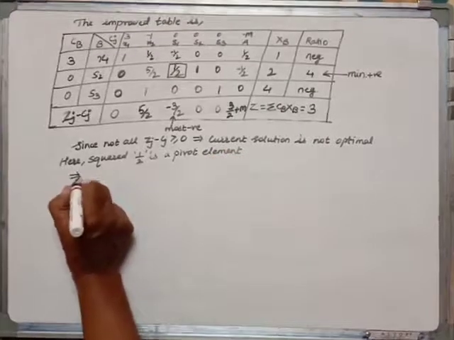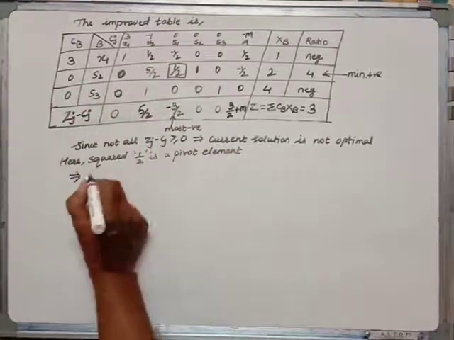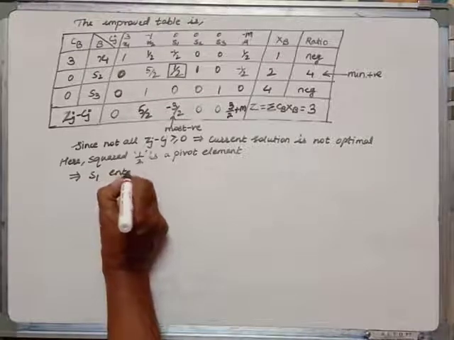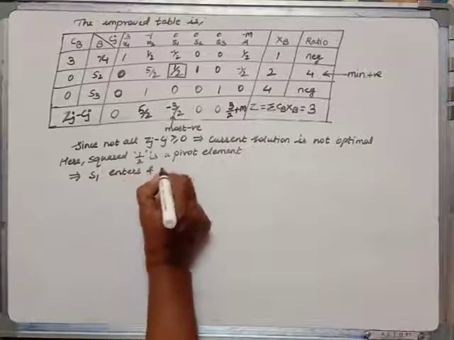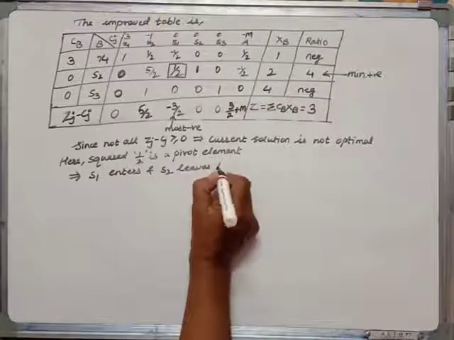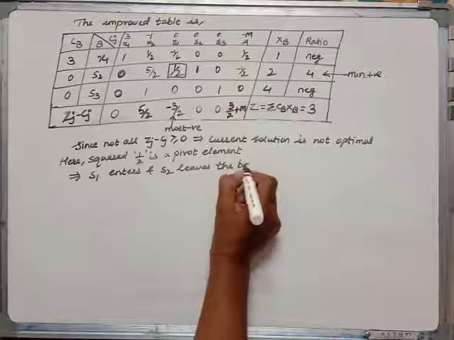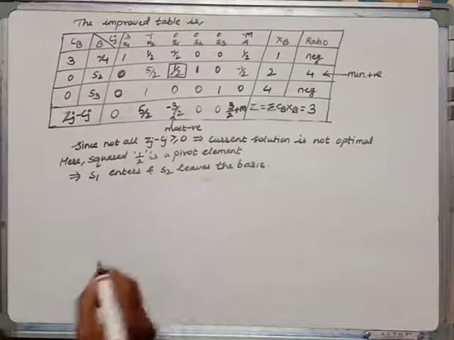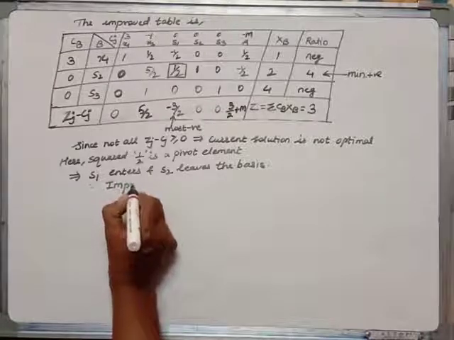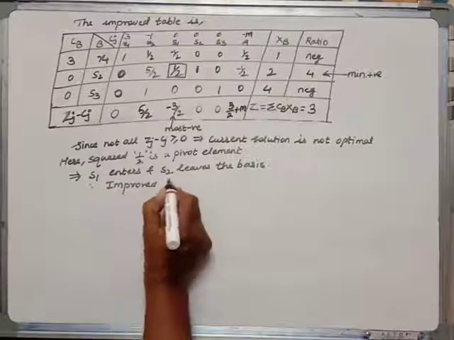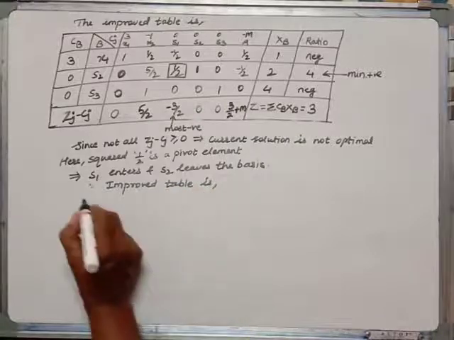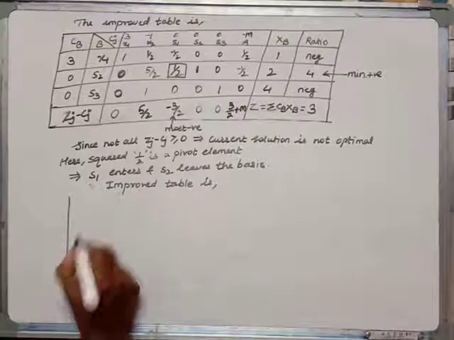It shows that S1 enters and S2 leaves the basis. Therefore, the improved table is.